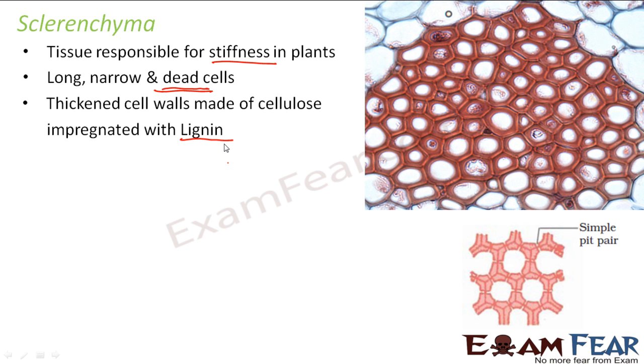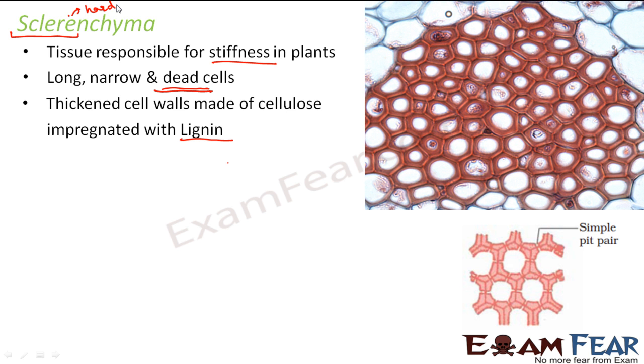Even the name sclerenchyma is derived from the word sclerose, and sclerose means hard. That is how you can remember sclerenchyma. Parenchyma, how will you remember? Packing tissue, parenchyma, right? Similarly, for sclerenchyma, sclerose means hard. So sclerenchyma is for providing hardness and stiffness in plants.